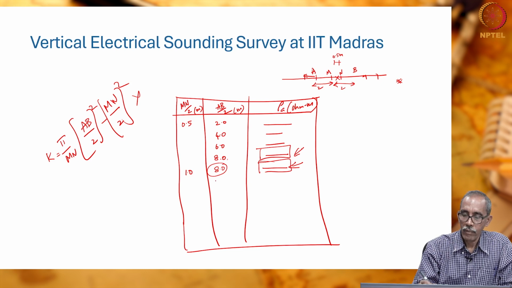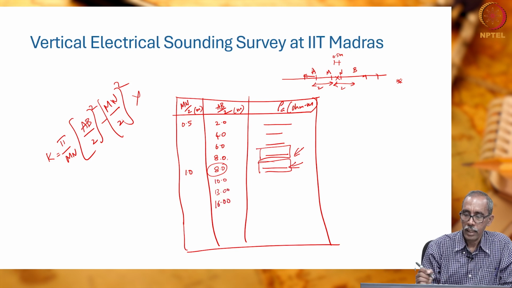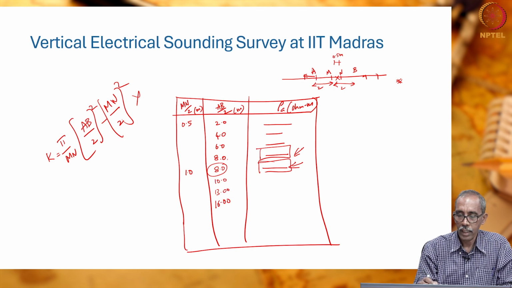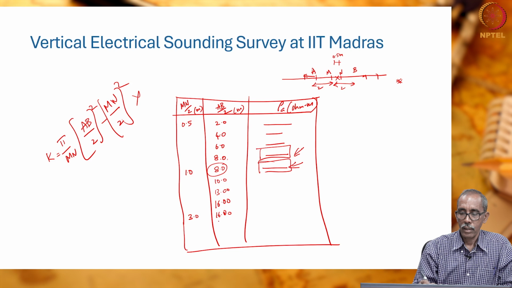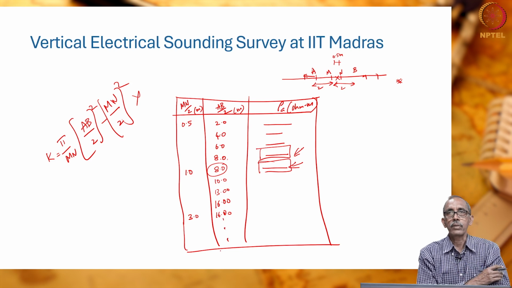Then we will continue at 10 meters, or every 3 meters, depending upon the condition. It is flexible; we are going to decide that. After that, again at 16, we do not move this, but we will increase the potential spacing to, let us say, 3 meters. This is how we will continue carrying out the survey.